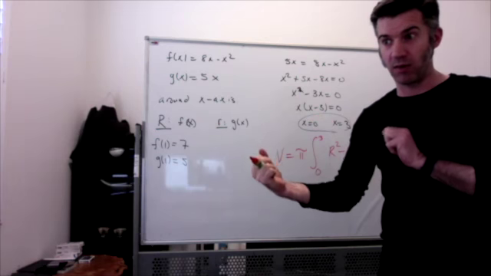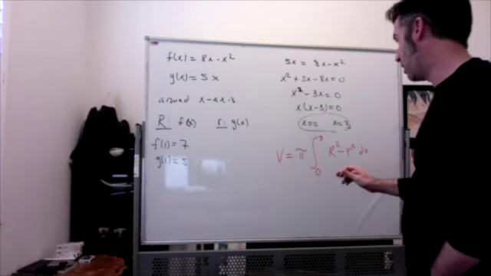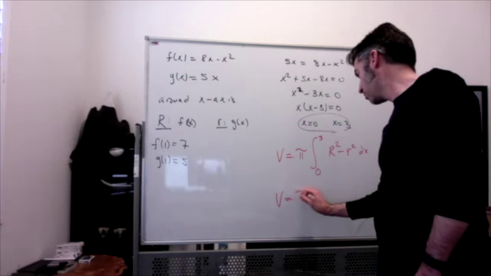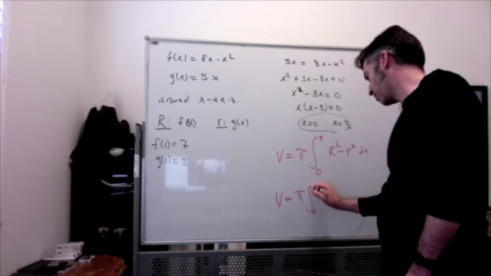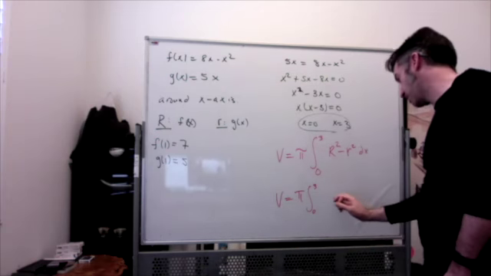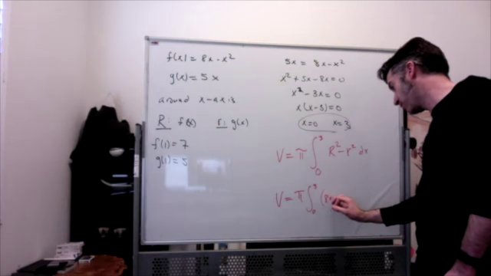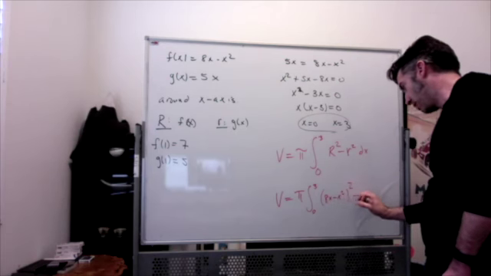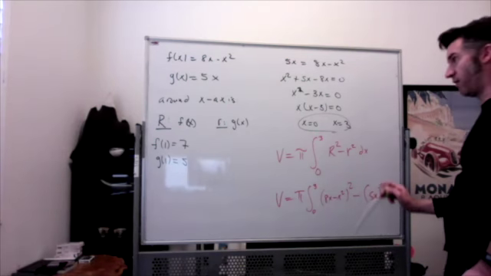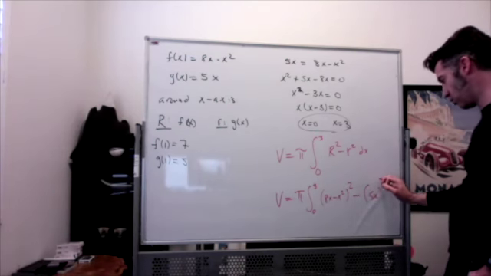It has to be R squared minus little r squared. So this is going to be pi integral from 0 to 3 of big R, which is again f of x, so 8x minus x squared quantity squared, minus the little radius, which is 5x, and then the radius is squared, so quantity squared.